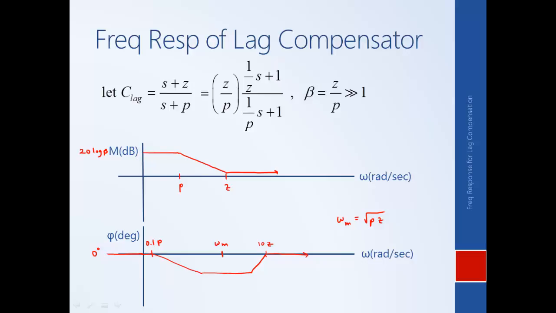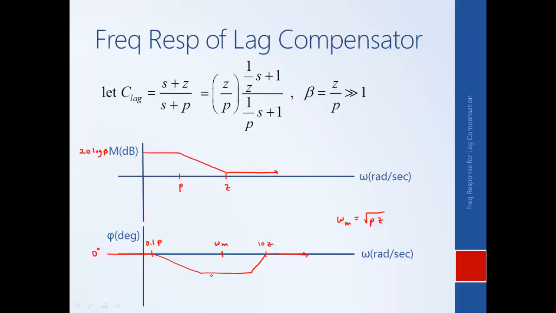And again, the reason that that's desired is because it helps to reduce the steady state error. The benefit of the lag compensator is that we're able to get this higher gain at low frequencies without increasing the gain at higher frequencies. And there's a few advantages to that we'll show.